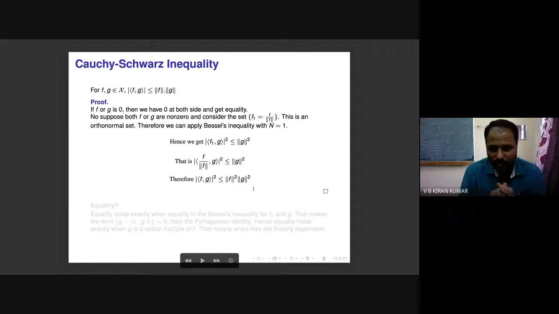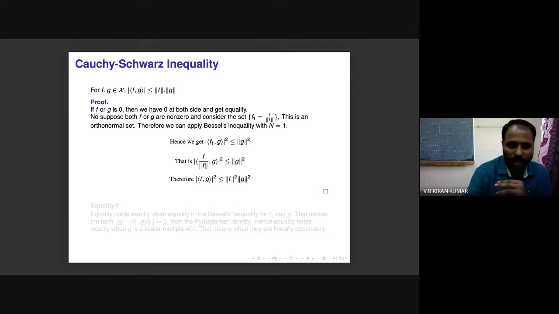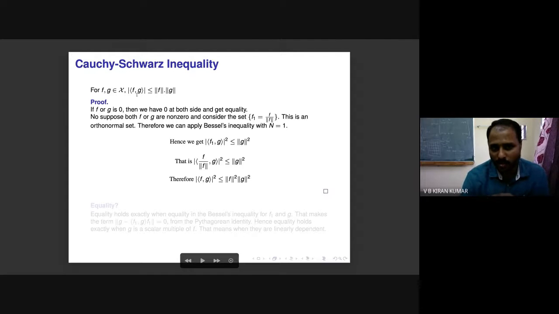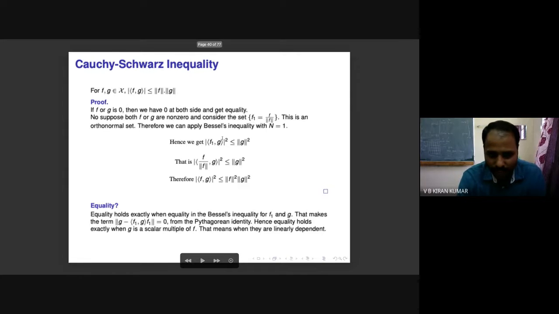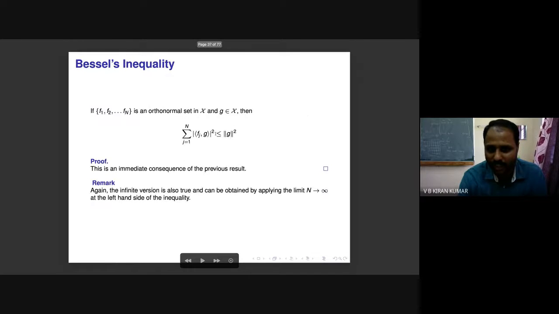Now, sir, the question is, when does equality hold? You just do the backward computation. Equality holds when equality holds in Bessel's inequality. This is Bessel's inequality, with n equal to 1.